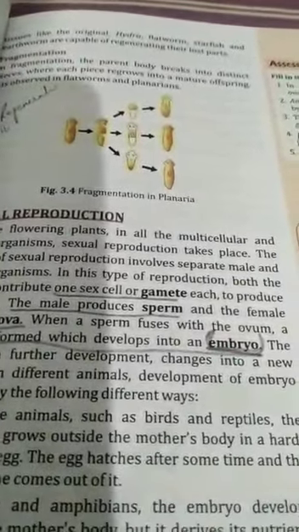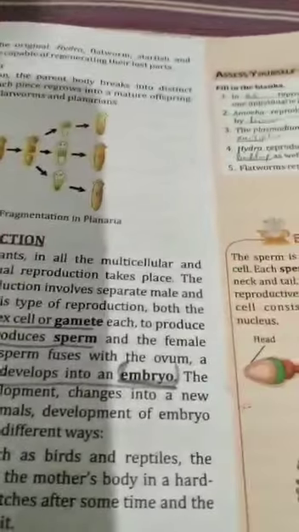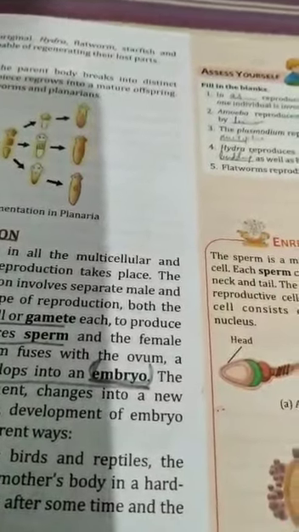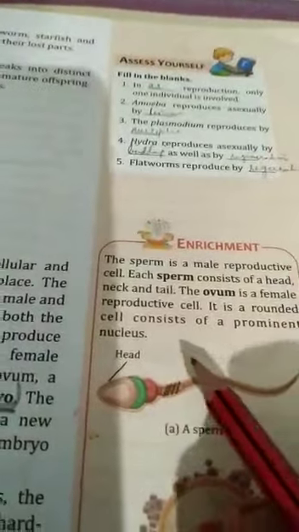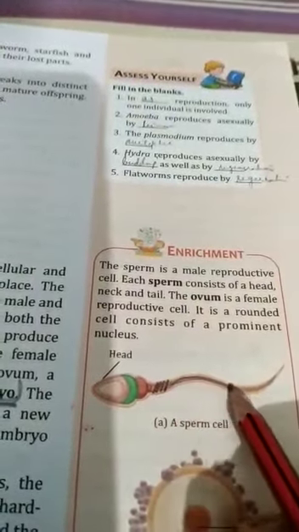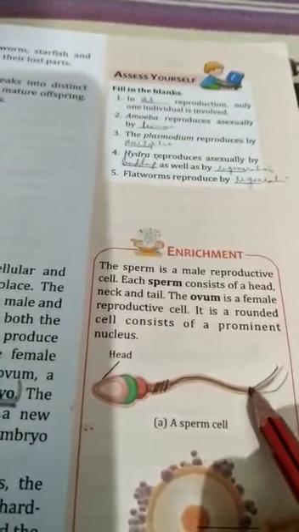Before we begin this, let me make clear the structure of sperm and ova. A sperm is an elongated structure.